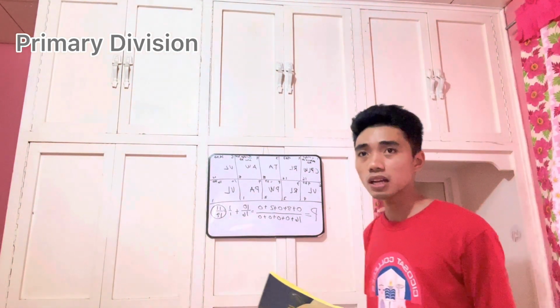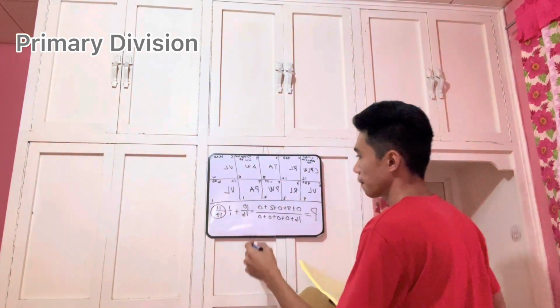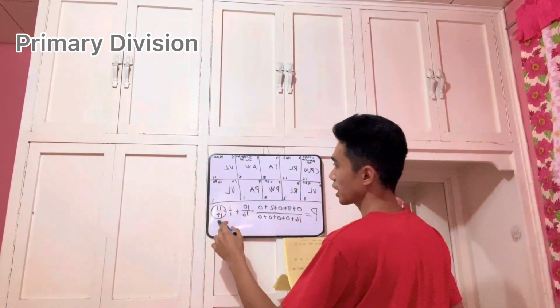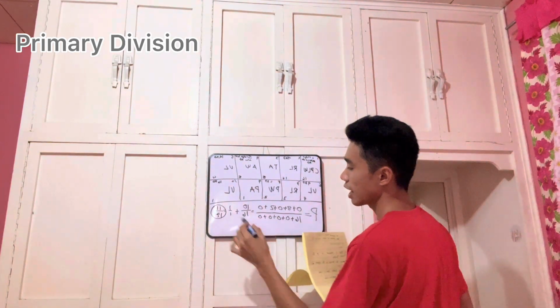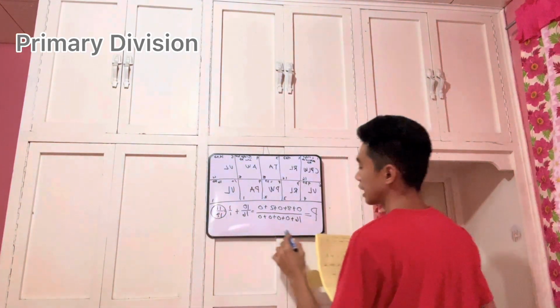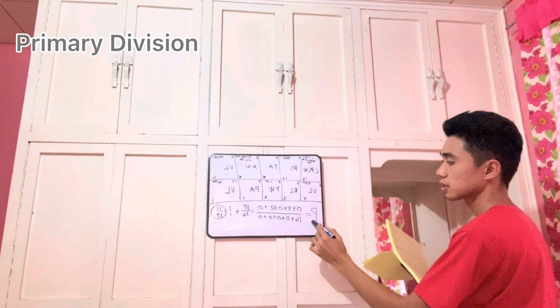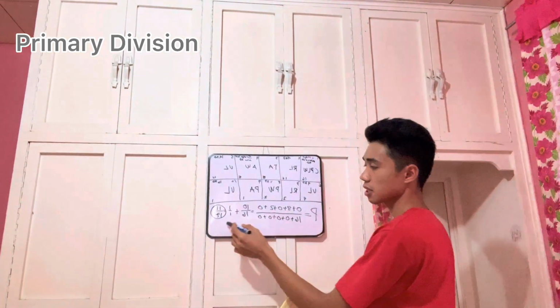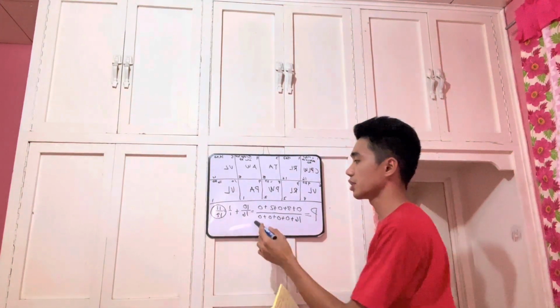So the total of the primary division that we get is 11 over 17. That is the answer for the primary division. 11 over 17 is the final answer.